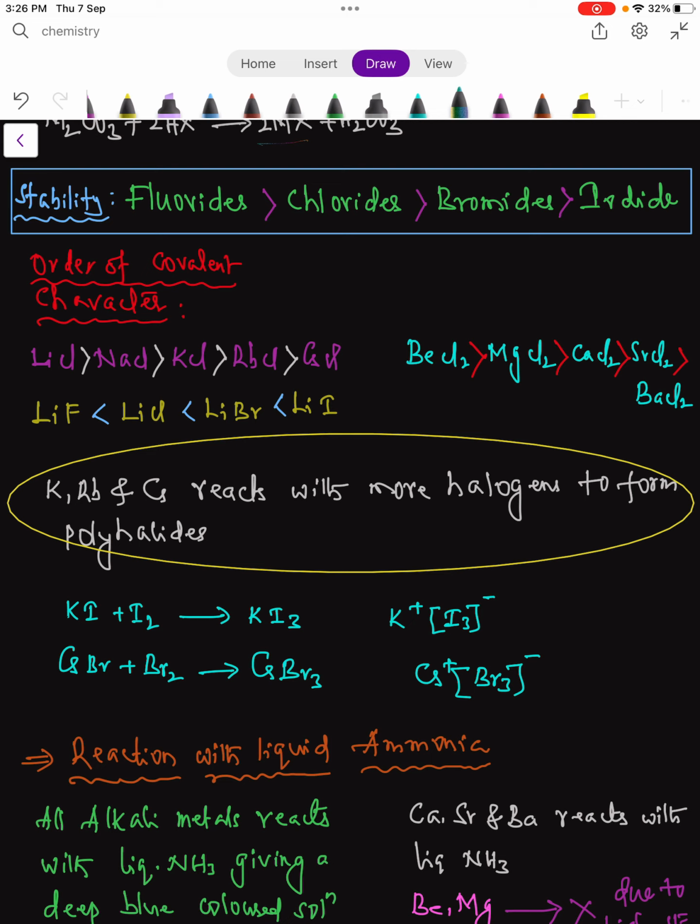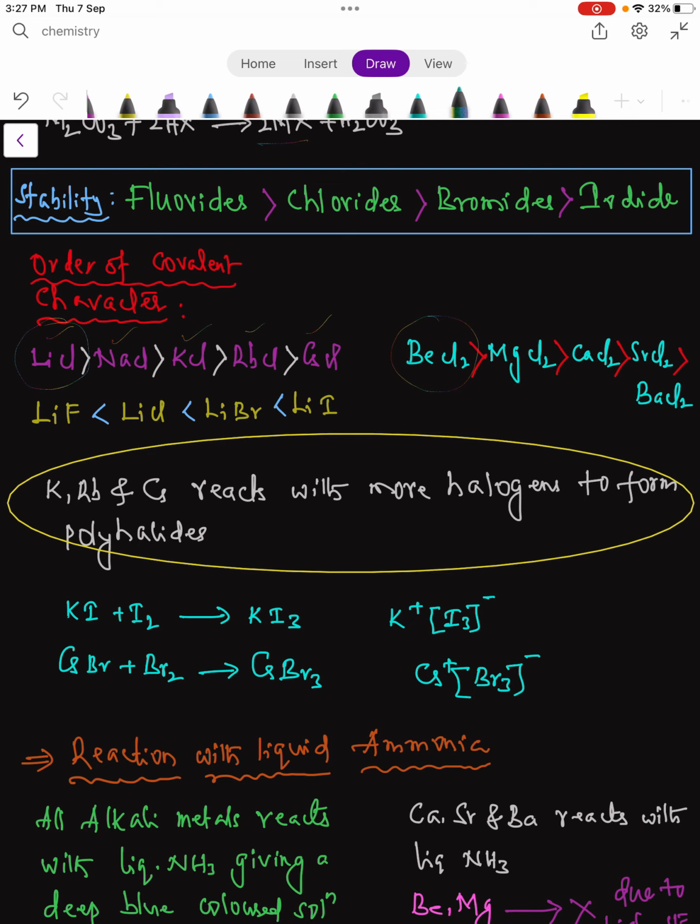So in order, lithium chloride is more covalent than sodium chloride, potassium chloride, rubidium, then cesium chloride. Same way in second group elements also, from beryllium to barium, covalent character decreases. Means the first one, that is BeCl2 in second group, and LiCl in 1A group elements are covalent in nature, right?